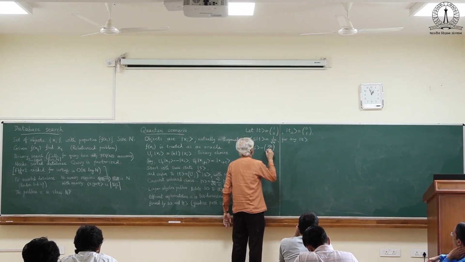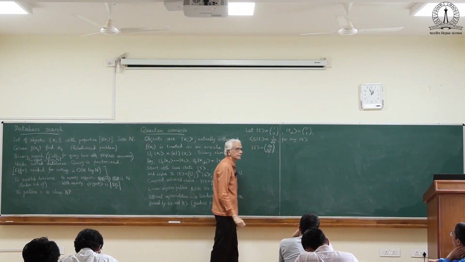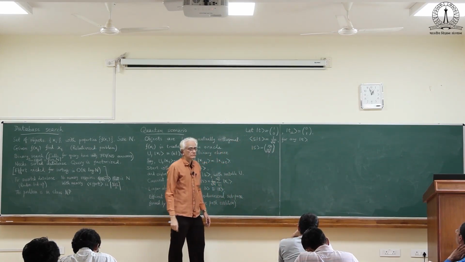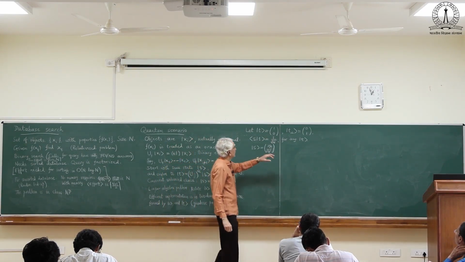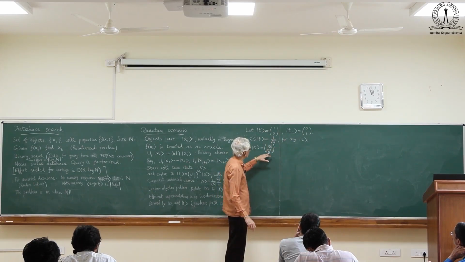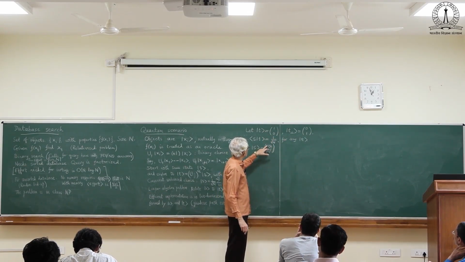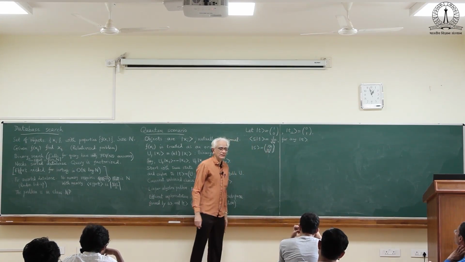So it will be square root of n minus 1 by n. I don't have to define what this orthogonal thing is explicitly, whatever it is. I just have to make the overlap correct, and everything else is in the orthogonal component.